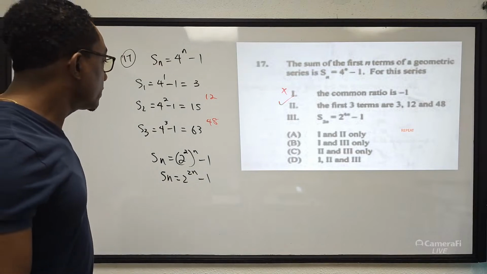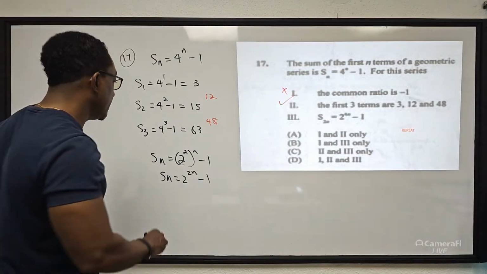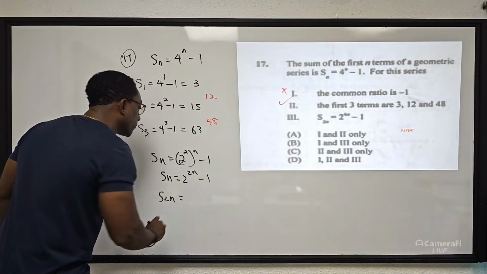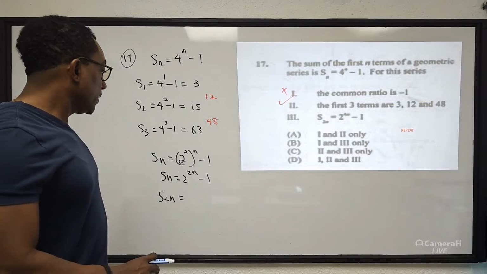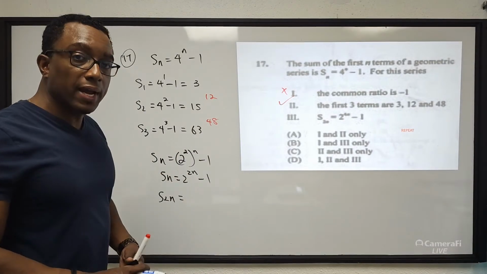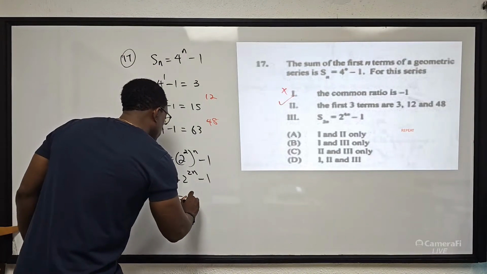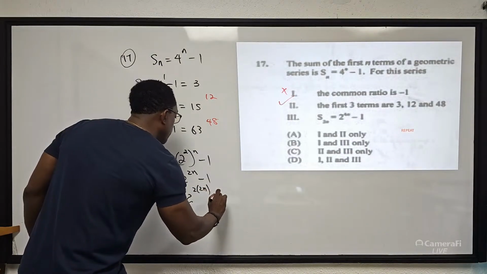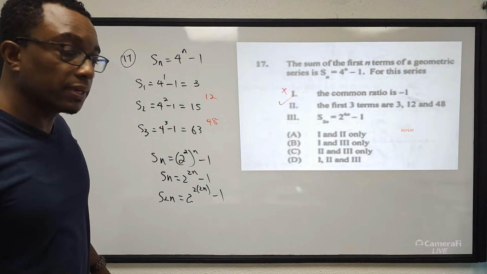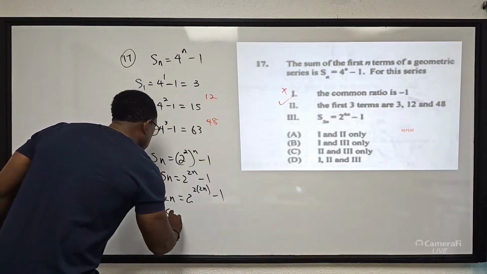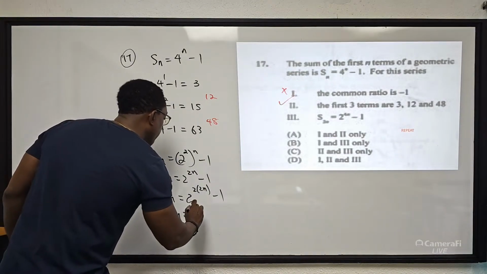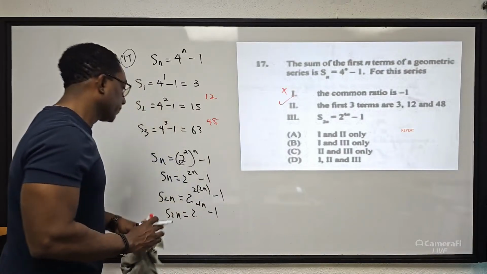So if S_n can be rewritten in that form, then for S_2n, I can now replace n with 2n. So I write 2 to the power of 2 times 2n minus 1. And therefore, S_2n will be 2 to the power of 4n minus 1.